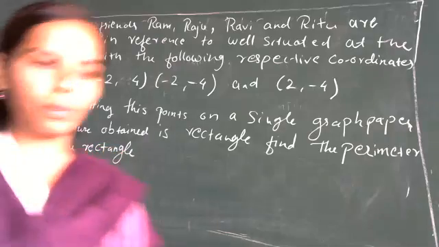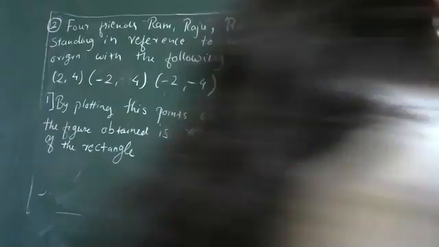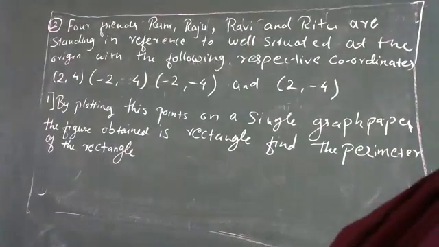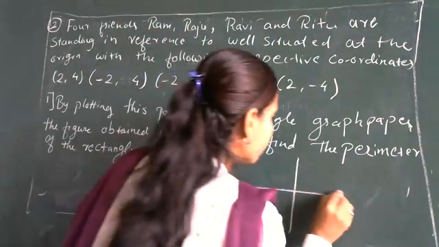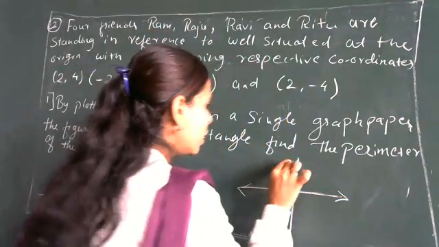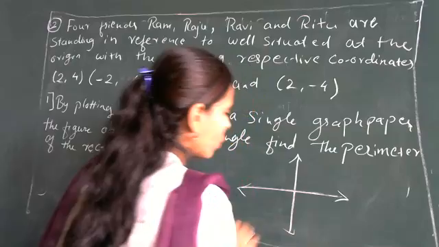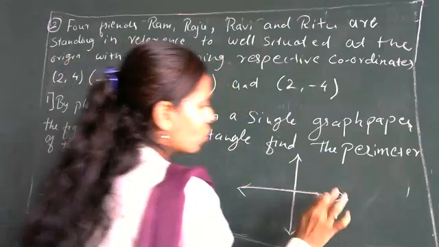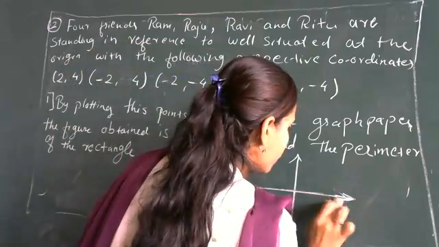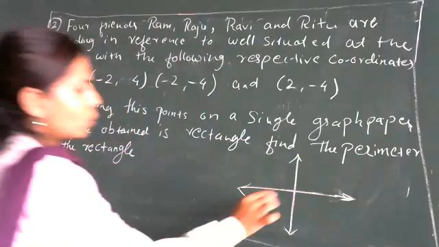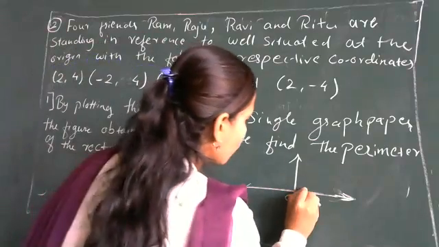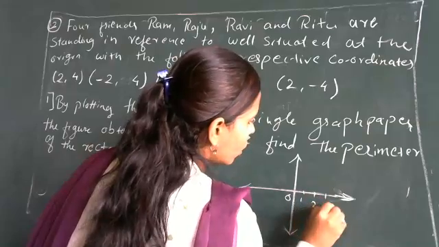So actually graph paper was not provided for such questions. Roughly you have to draw it. What we can do? We will draw axes and check what figure we get, whether it is a rectangle or not. Okay. So very small distance we have to plot because we are not having much space. As the origin, start with 0, 1, 2, 3.